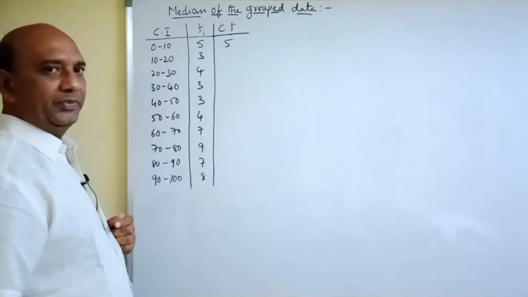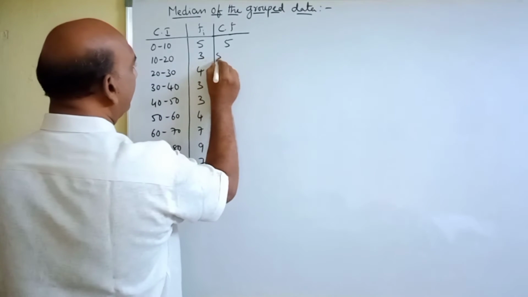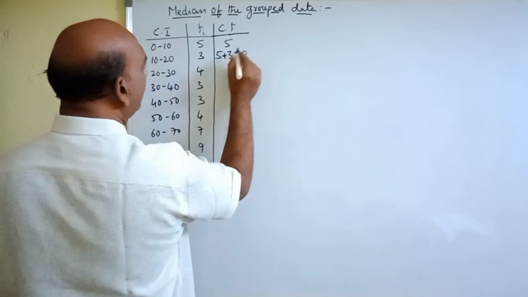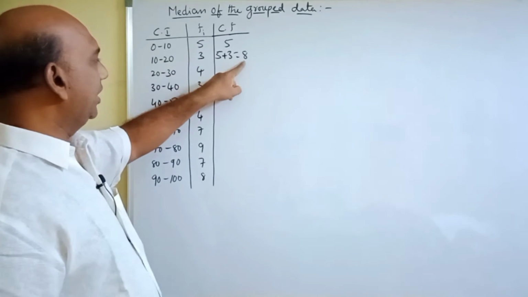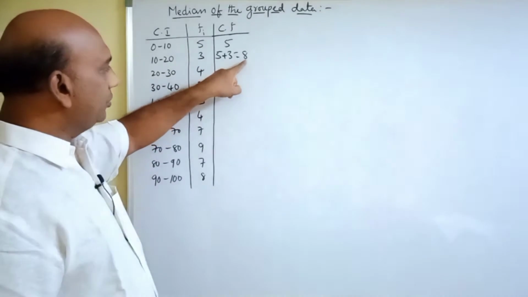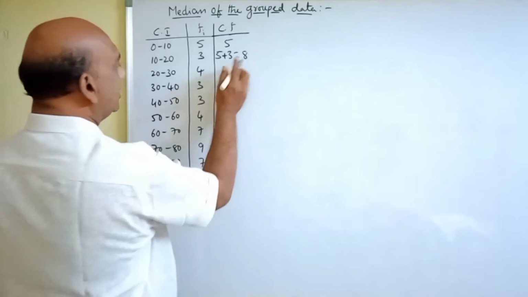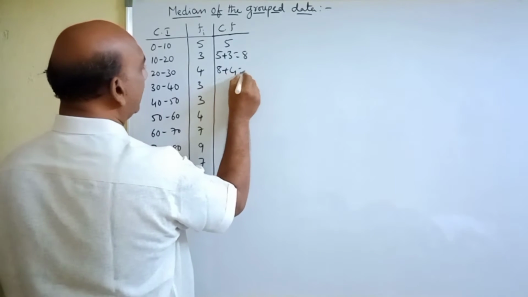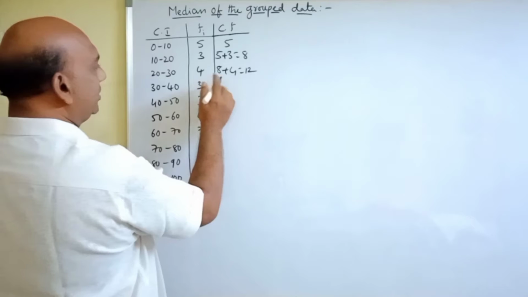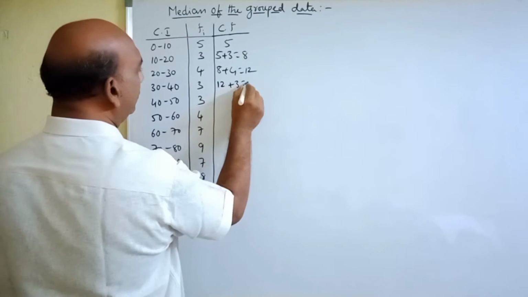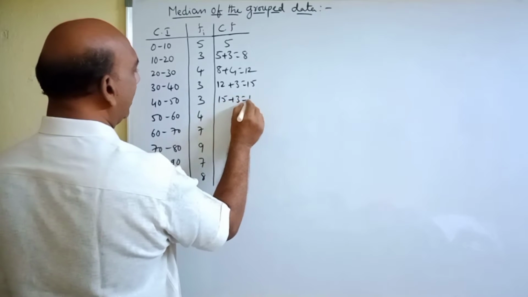To this 5 add the next frequency and write here, that is 5 plus 3 equal to 8. Next to this 8 add the next frequency 4, that is 8 plus 4 equal to 12. Again 12 plus 3 equal to 15, and 15 plus 3 equal to 18.